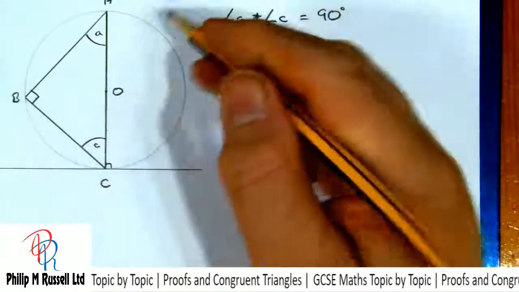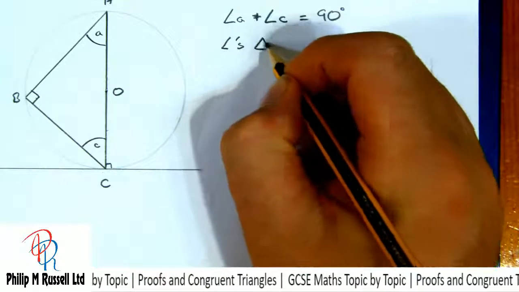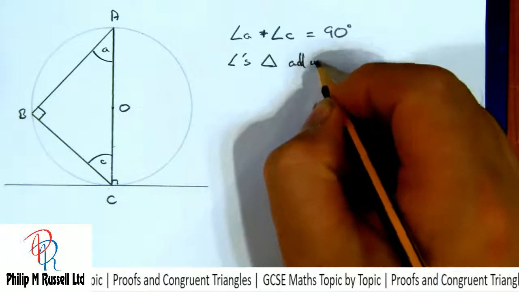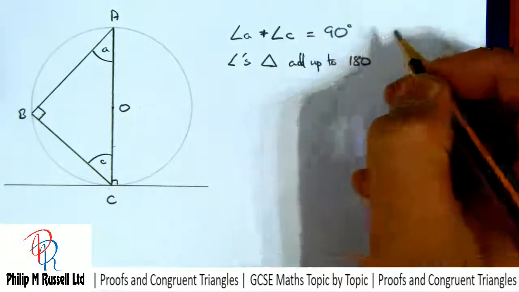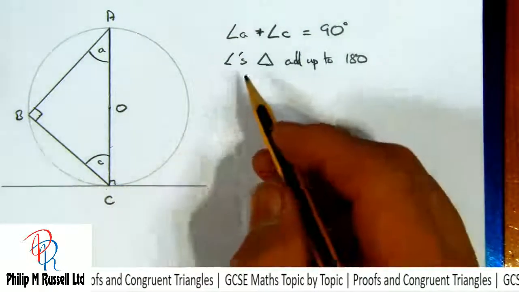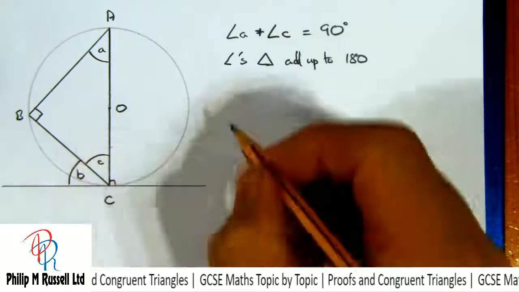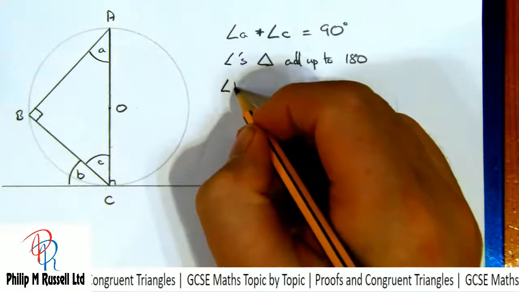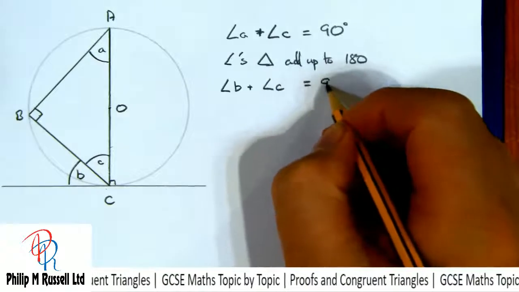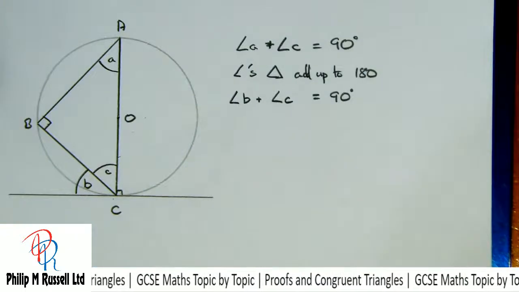They have to, because the angles of a triangle add up to 180, and we've already got one that's 90. Okay, now I also can look at this angle here, angle B plus angle C, and this will also add up to 90 degrees.